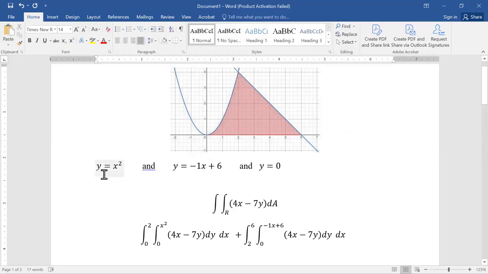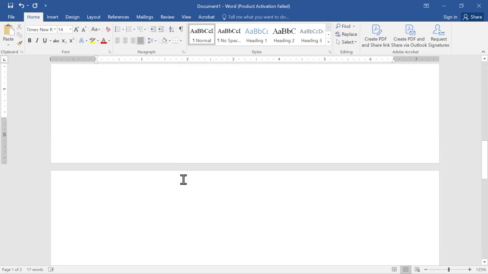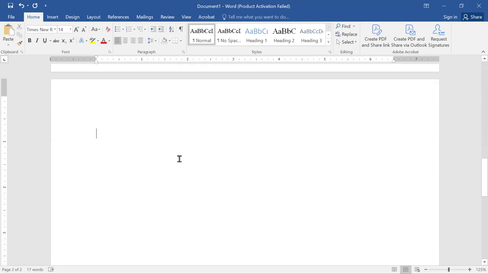So I can go from this curve, the negative 1x plus 6 down to the x squared curve.